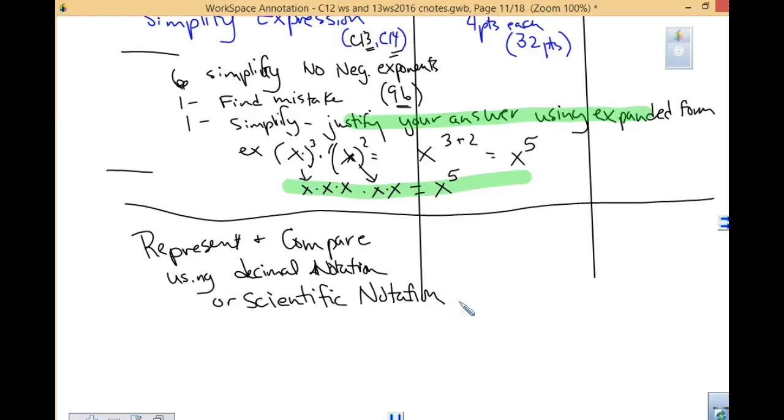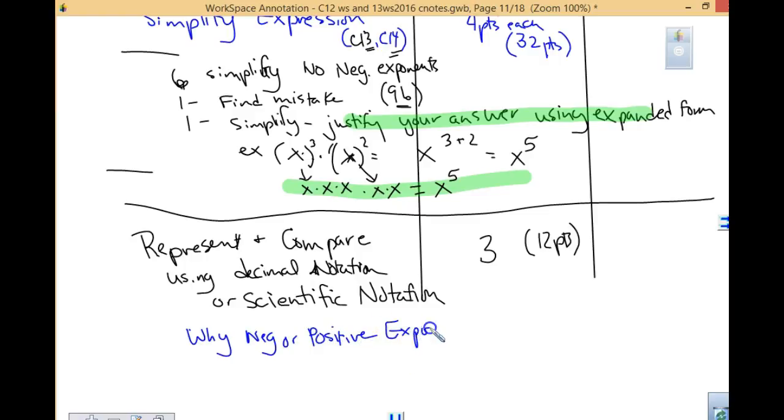So decimal notation, which is really standard form, or scientific notation. There are 3 questions with 12 points. When I ask you to write a number in scientific notation, I might say, okay, this number is in scientific notation, and tell me why you have a negative or positive exponent, okay?